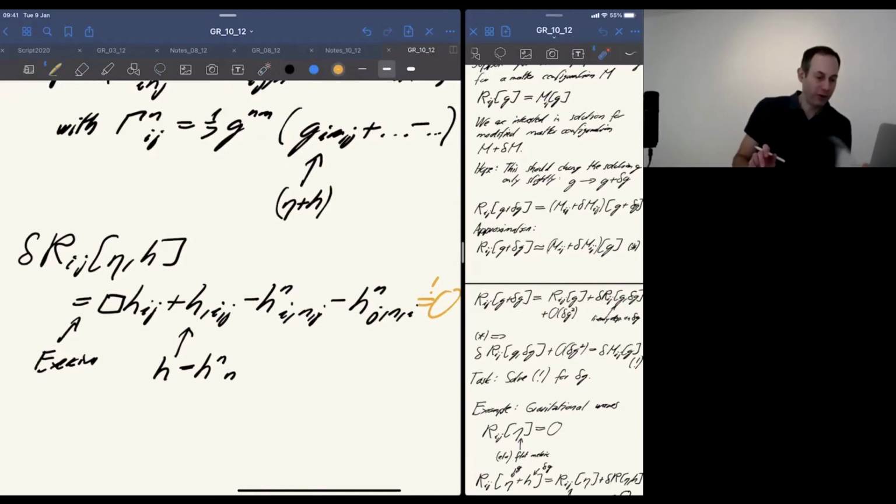Now there's one more thing that I should add here, namely that there is some degree of freedom. There's some gauge freedom, and you're probably familiar with gauge freedom from electrodynamics. So not all degrees of freedom of the H are physically relevant. Why not? The reason is the following. So look at the coordinate transformation.